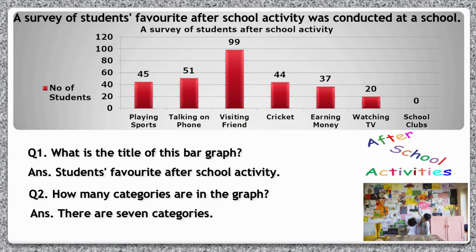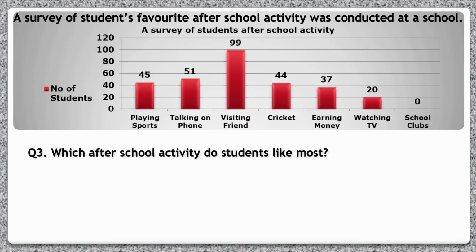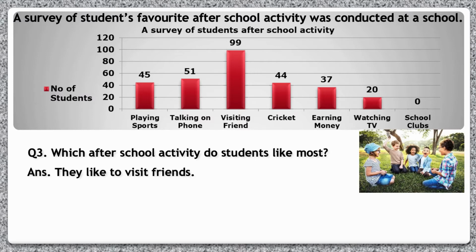Now let's move to the third question. Which after school activity do students like most? Here you have to search for the correct answer is they like to visit with friends.